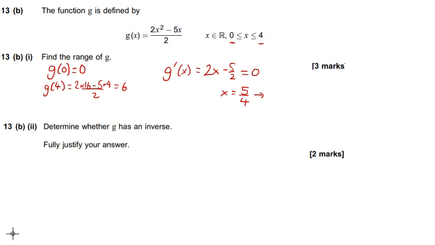And if we substitute that back into g, then we get y is equal to 2 times 5 over 4 squared minus 5 times 5 over 4 divided by 2. 5 squared is 25, so I've got 2 times 25 over 16 minus 25 over 4 divided by 2.